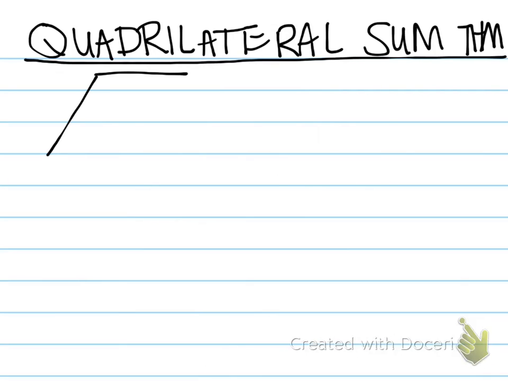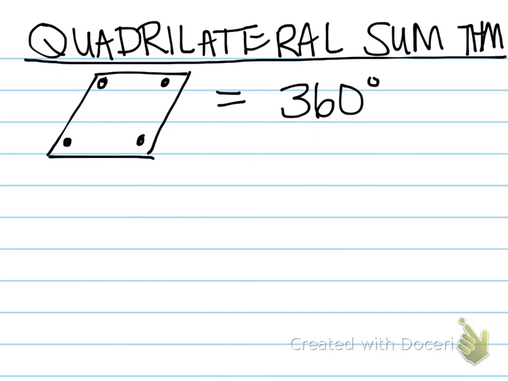So we can have a parallelogram type, or a square, rectangle, etc. But again, we're looking, what is the sum of these 4 angles? And this says the total of the 4 angles of a quadrilateral always equals 360 degrees. So we could solve similar problems as we did with the triangle, knowing that if we add up all of the angles inside, it's going to be a total of 360 degrees.